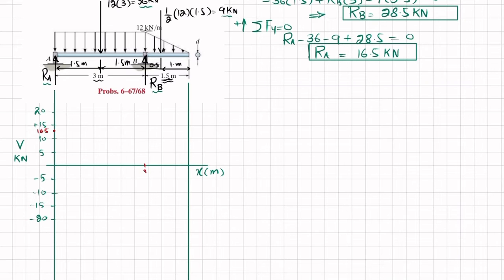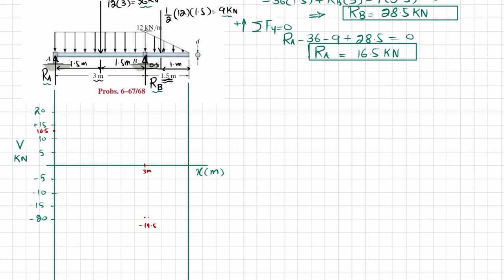Over this 3 meter there is a uniformly distributed load of 36, so at this point the shear will be equal to 16.5 minus 36, which is minus 19.5. So we will locate minus 19.5 somewhere here.